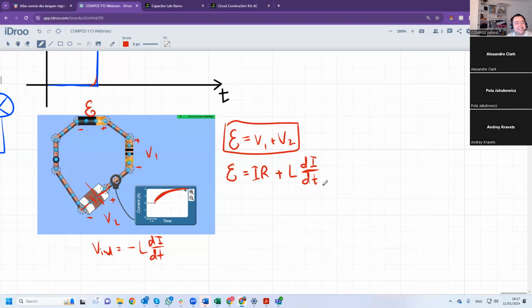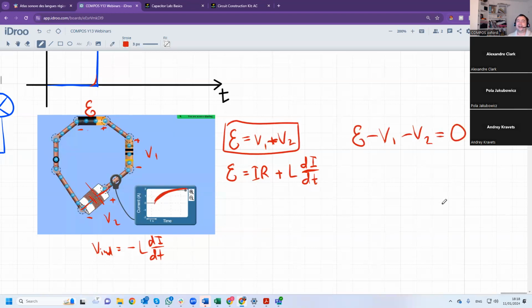I mean, you have a circuit, and you could be strict, and you could say that EMF is an increase in potential, minus V1 is a drop, minus V2 is also a drop, equals 0.